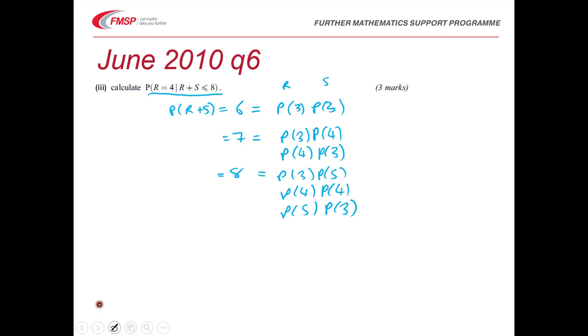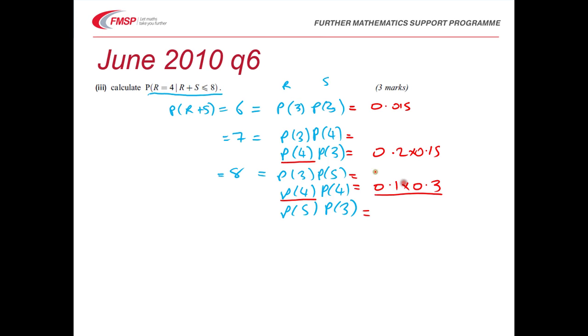Now, sometimes it's easier not to use formulae here. I will do that in a minute, but we only have 2 outcomes where R is equal to 4. Because we've worked all of these out already, we can save ourselves some hassle. So the probability of it equaling 6 was 0.015 and so on. Now it's these two I'm interested in. So the probability of 4 and then a 3 was 0.2 times 0.15, and the other probability here, a 4 and then a 4, was 0.1 times 0.3.